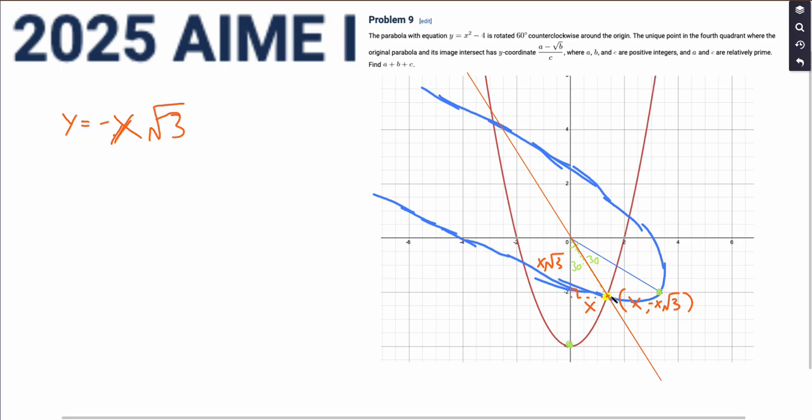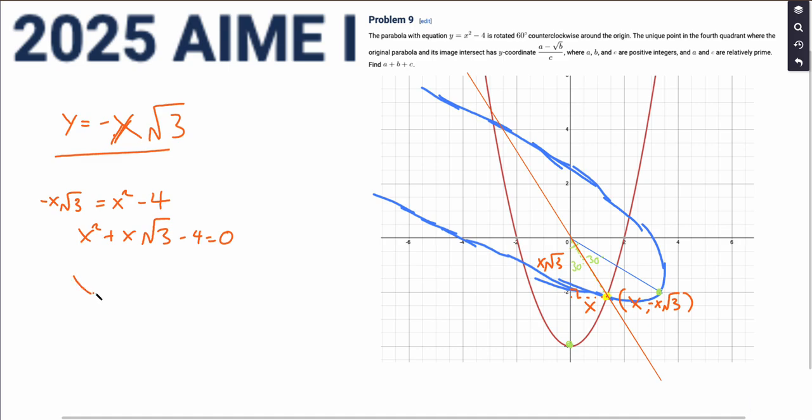So now we know that the yellow point lies on this line, and it also lies on y equals x squared minus 4. So we can plug this into y equals x squared minus 4, and we get that negative x root 3 is equal to x squared minus 4. Here we can rearrange things to one side: x squared plus x root 3 minus 4 equals 0.